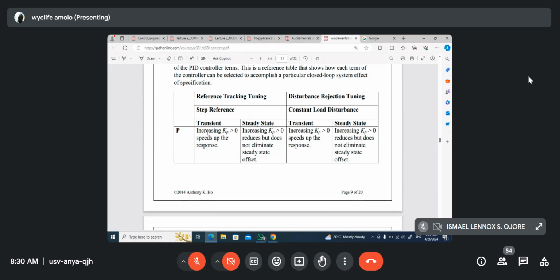Increasing Kp to greater than 0 also reduces, but does not eliminate, any steady state offset. What about disturbance rejection and tuning? You found that the transient is going to speed up and the steady state offset is going to reduce, but will not be eliminated.